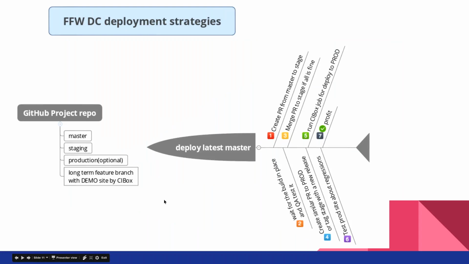Also, in our CI, we have deployment strategies. Basically, the simple deployment is to create the pull request from master branch to the stage branch. And then after the build is done and everything works, after merging that branch, we can run the CI job to deploy that branch to the stage.